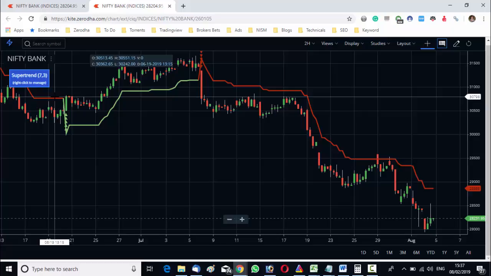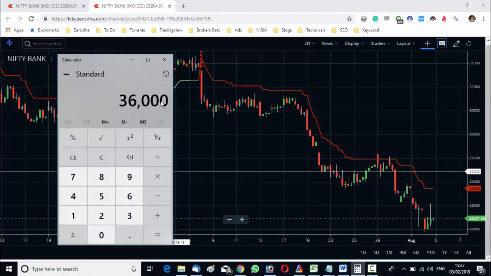So if you cannot catch the whole 3,650 points, if you catch half of that, around 1,800 points, your earning potential is 36,000 rupees per lot. So that is the earning potential that Super Trend will give you.